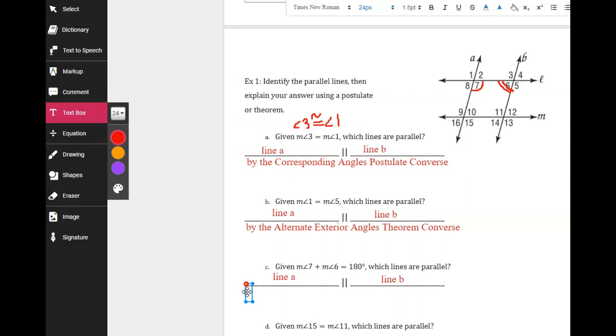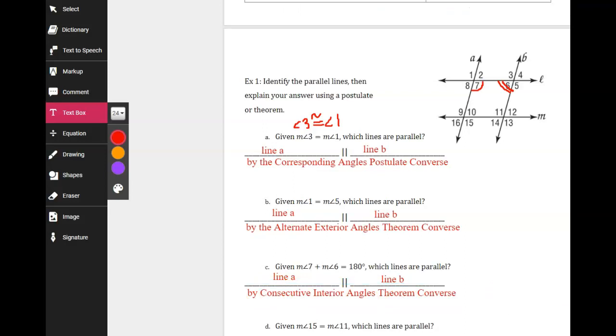That angle pair has angles both on the inside of lines A and B, and they're on the same side of transversal L. So that means that these are same side or consecutive interior angles, but it's by the theorem's converse. Not the theorem itself, but its converse that proves that the lines are parallel.